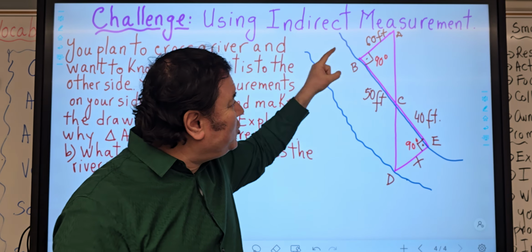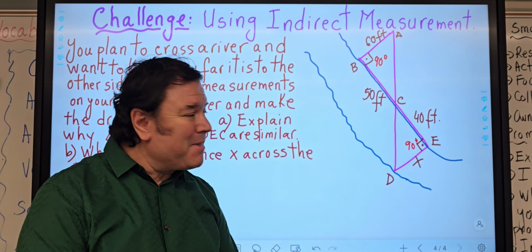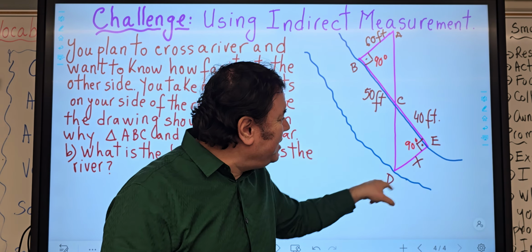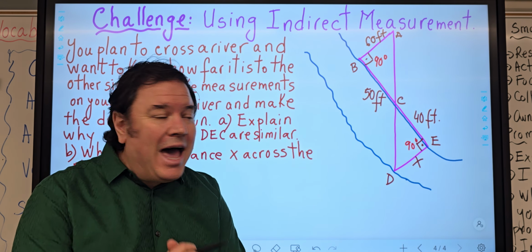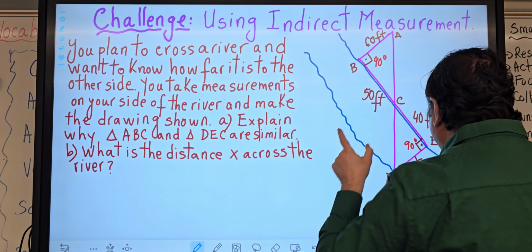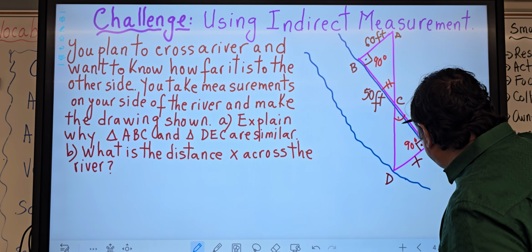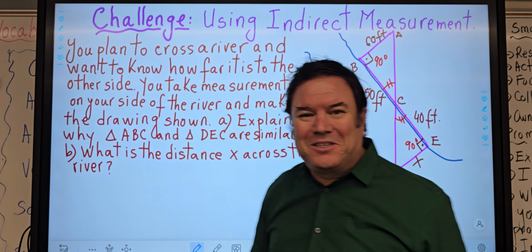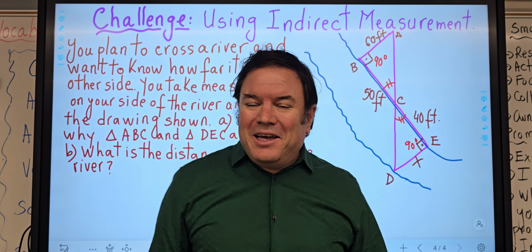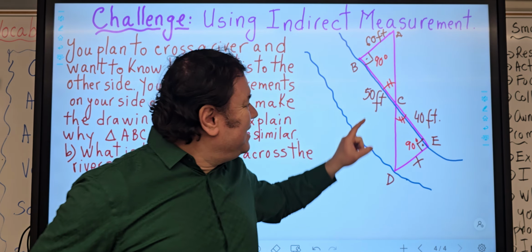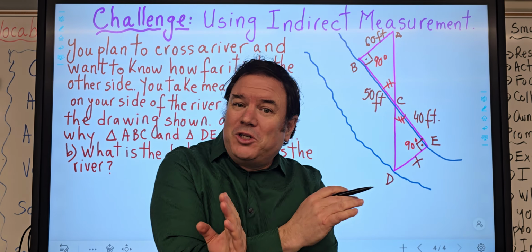We see that triangle ABC and triangle CDE, or DEC, have this angle in common. This angle over here and this angle over here are congruent because we learned in the previous lessons that these angles are opposites from each other.